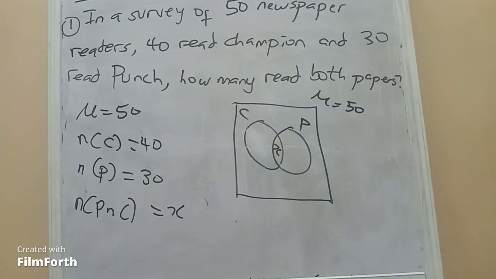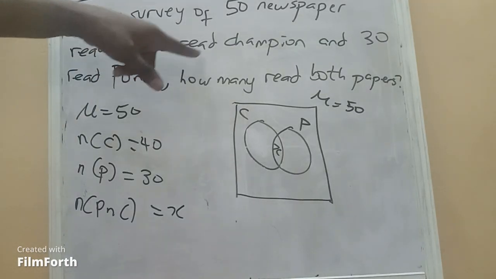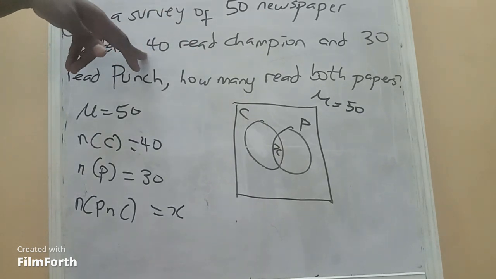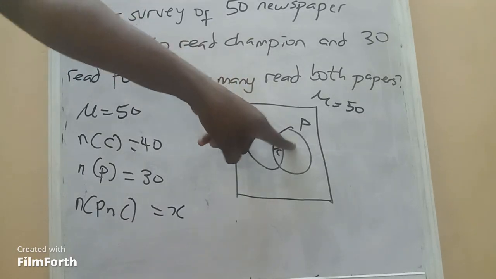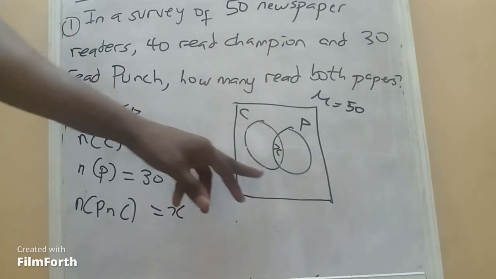Now going back to what the question says, it said 40 read Champion. The 40 that read Champion means that they do not read only Champion, but they also read other newspapers, which can be in either the Punch or outside, that is maybe Daily and other newspapers.